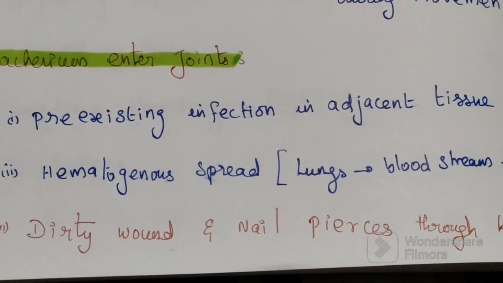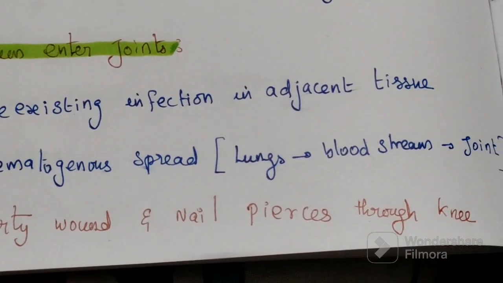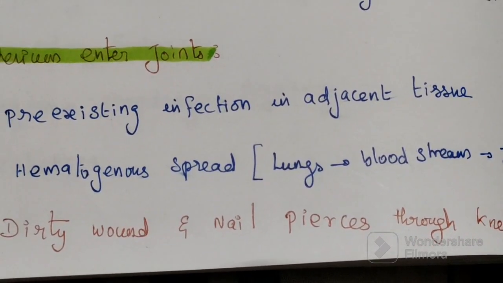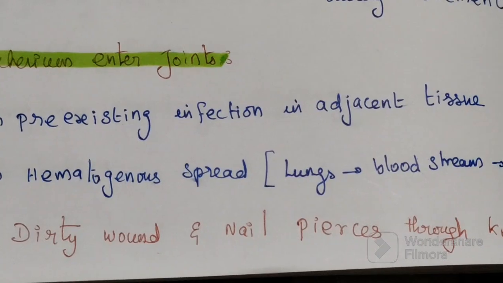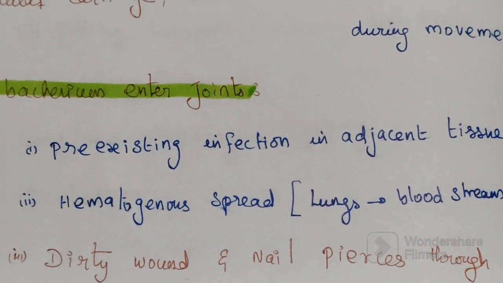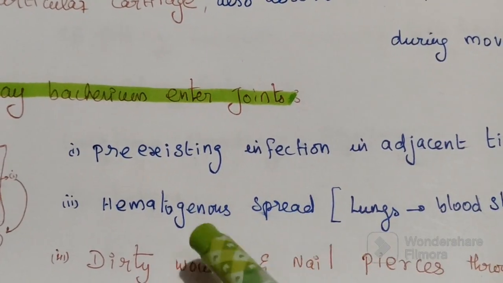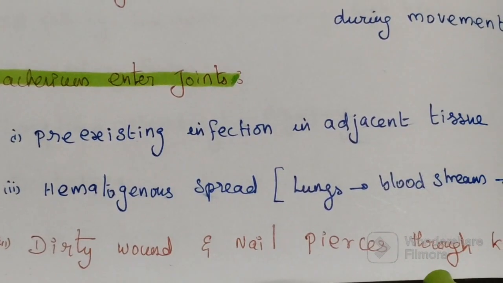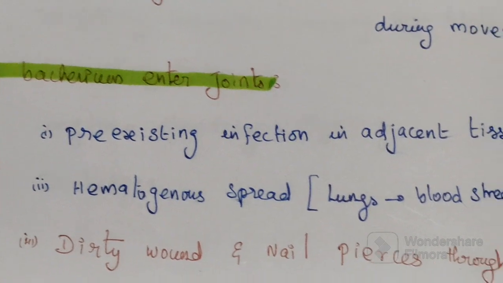After that, through dirty particles or broken skin, organisms will enter and then reach the joint. So the first is through adjacent tissue, the second is through blood, and the third is through broken skin.